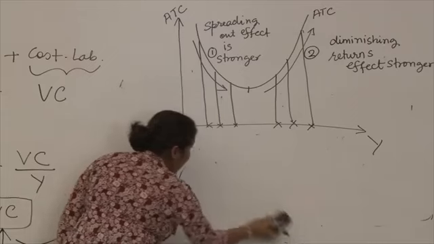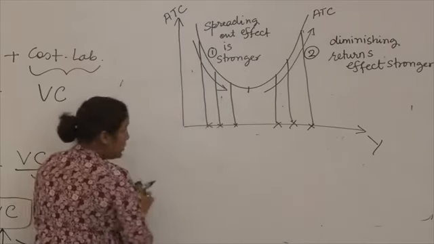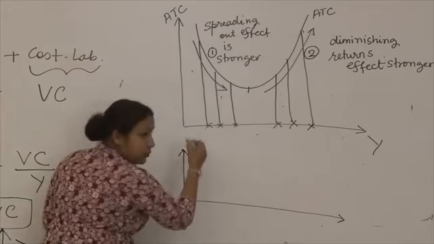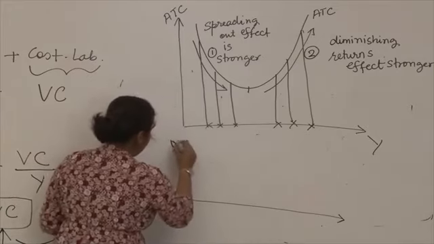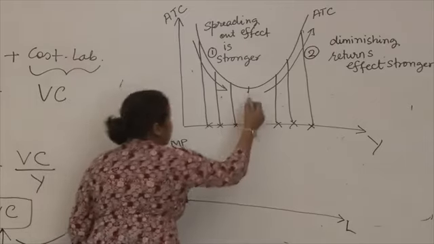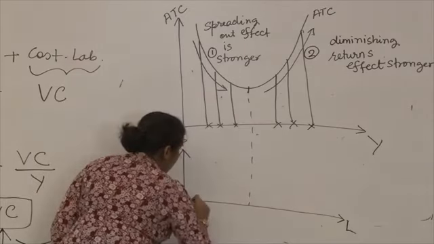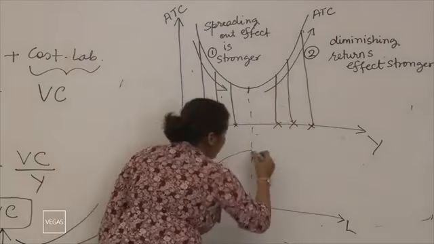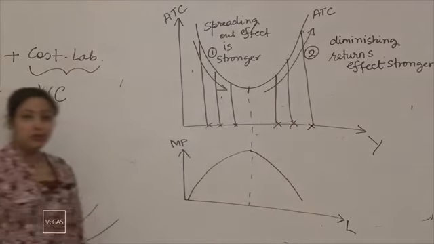That means if I am trying to plot the productivity below this panel, which I plotted earlier, if I am plotting marginal productivity of labor here, this is the part where my marginal productivity rises, and that is the part where my marginal productivity goes down.